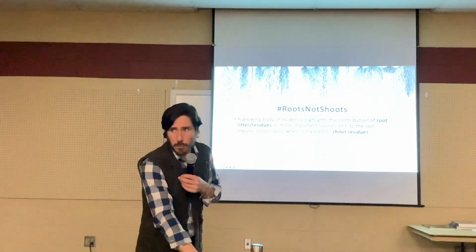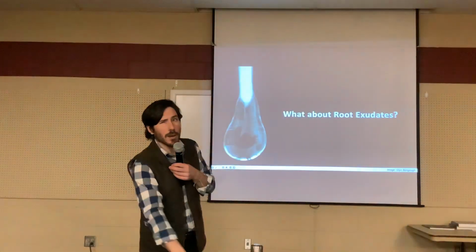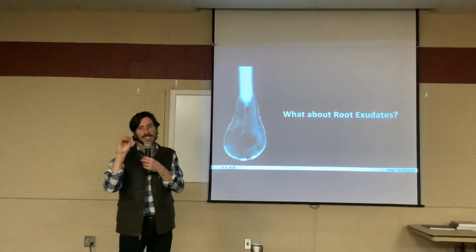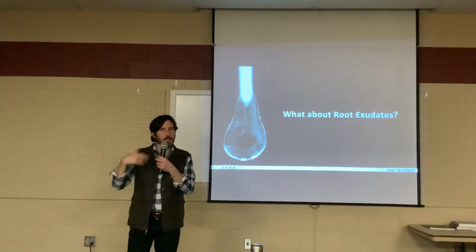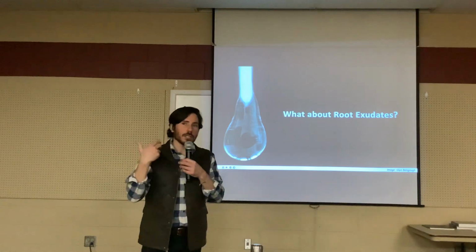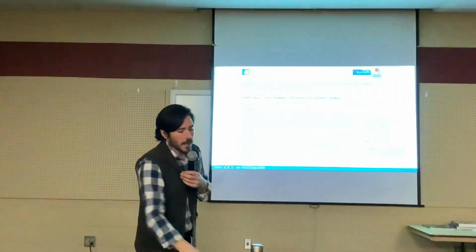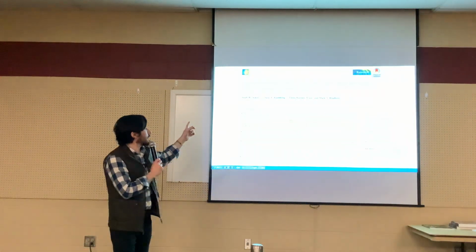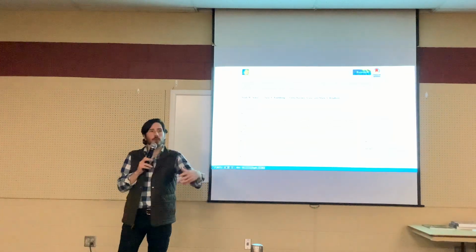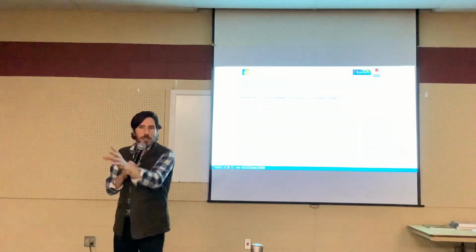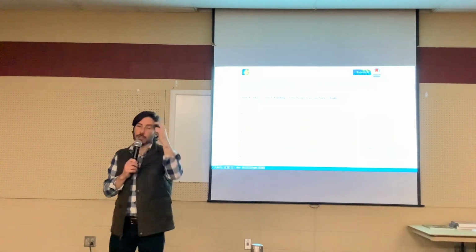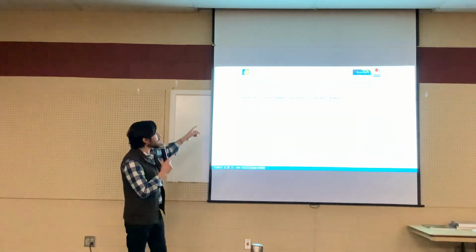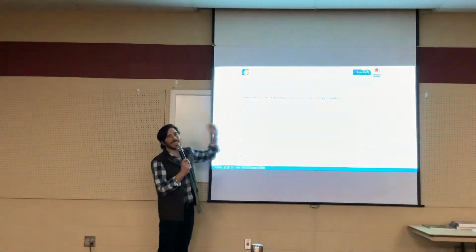So roots are really, really important, but it's particularly below ground carbon. Because what about those root exudates? How do they fit into the discussion about building soil health or soil organic matter? And here's a great study that was looking at this, trying to tease apart the breakdown or integration of root litter versus root exudates and their contribution to soil organic matter. So, evidence for the primacy of living root inputs.